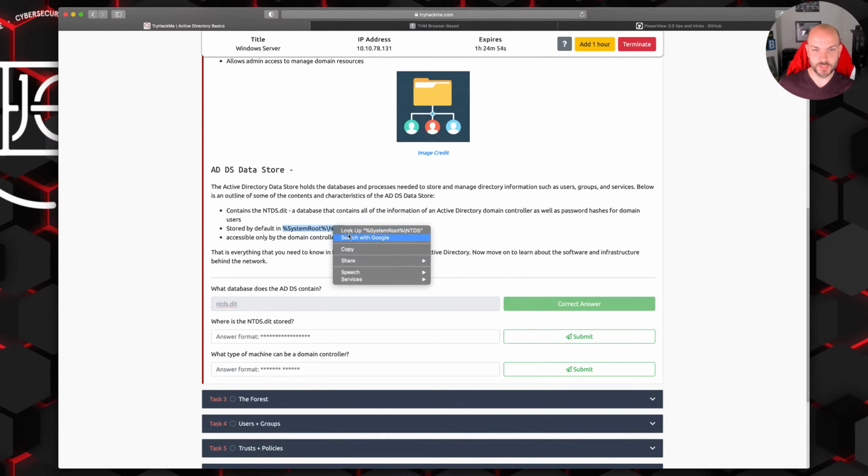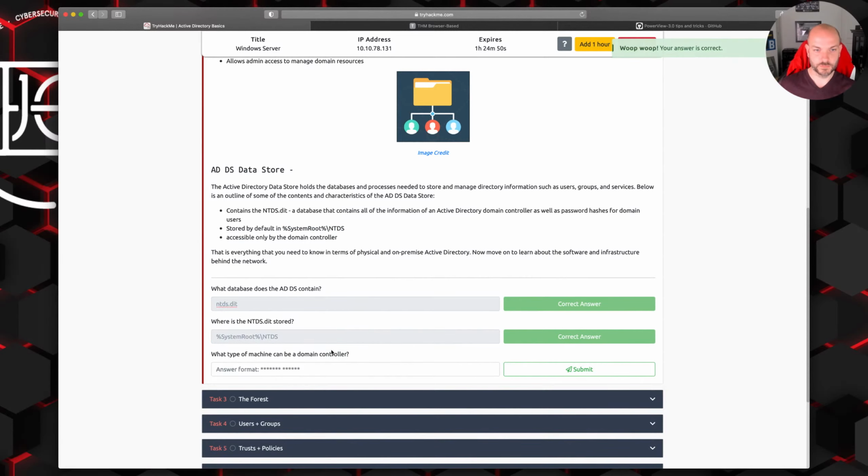System root, NTDS. And what type of machine can a domain controller be? I think that we are talking about Windows Server, maybe? There we go.